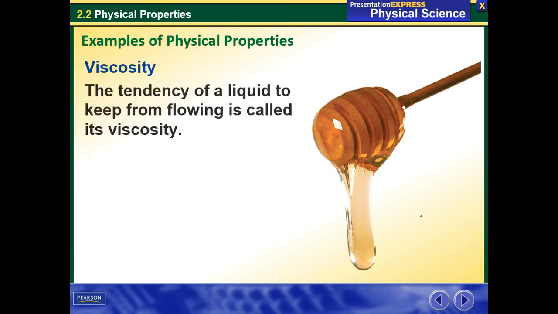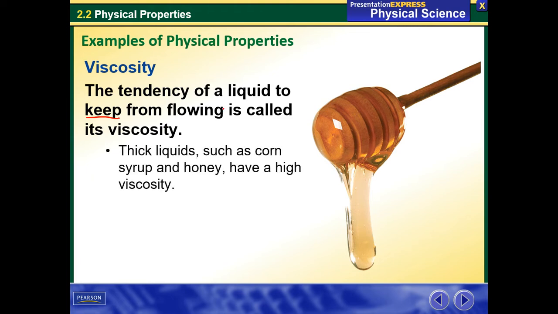So the first one we're going to talk about is viscosity, which is defined as the tendency of a liquid to keep from flowing. So it doesn't flow very well. A good example of something that has a high viscosity, or a viscous fluid, is going to be things that are very thick, like corn syrup or syrup you might put on your pancakes or honey.